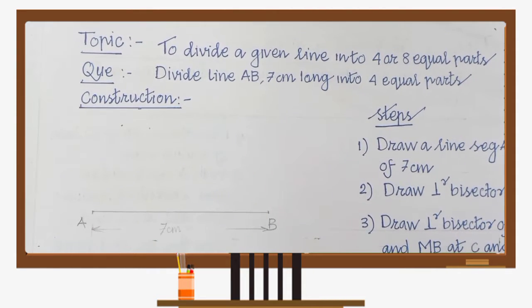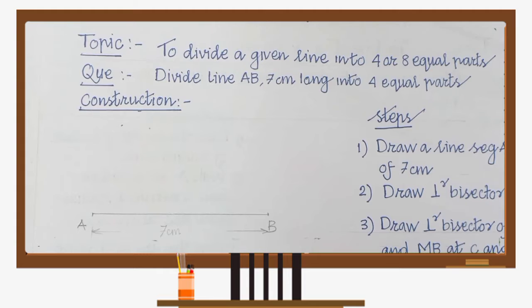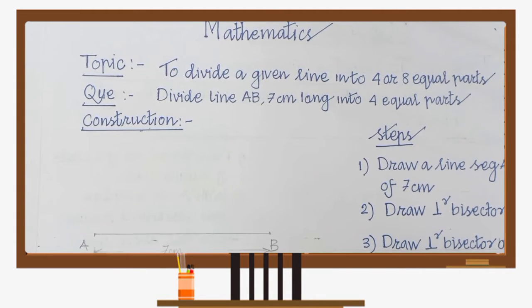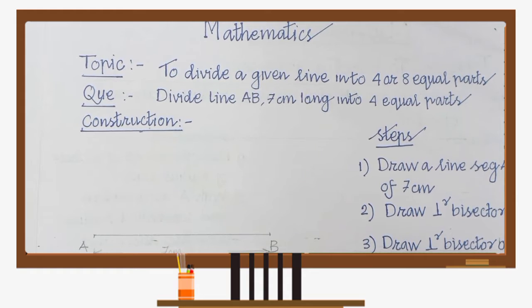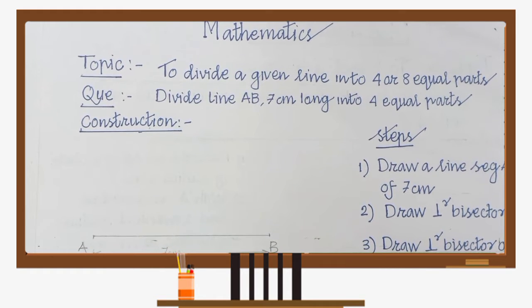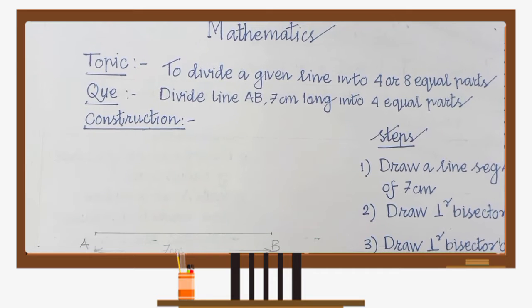For drawing a perpendicular bisector you take a distance more than half, आधे से ज़्यादा डिस्टेंस लेना है. And we have already done a video on how to draw a perpendicular bisector. You can see that video. The link is given in the I button.